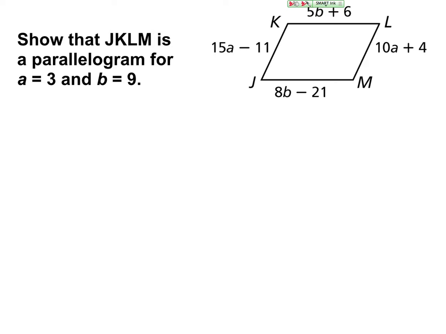All right, there's this type. Show that KLMN is a parallelogram for A equals 3 and B equals 9. What do you think we need to do? Plug those numbers in.